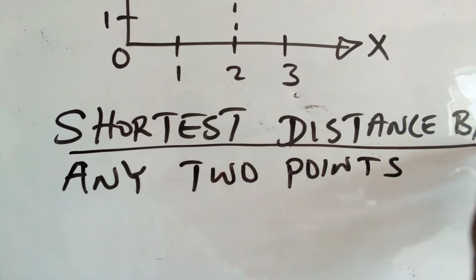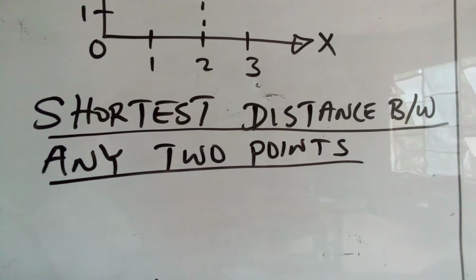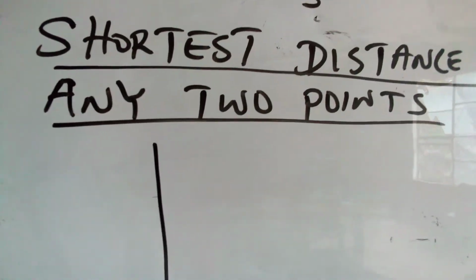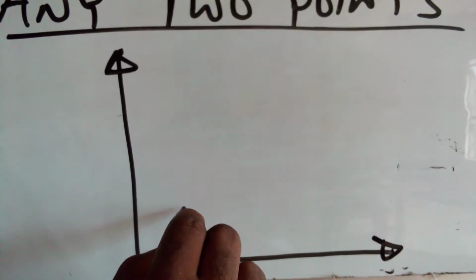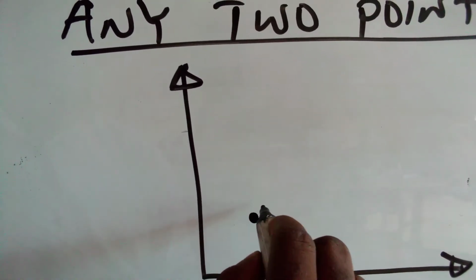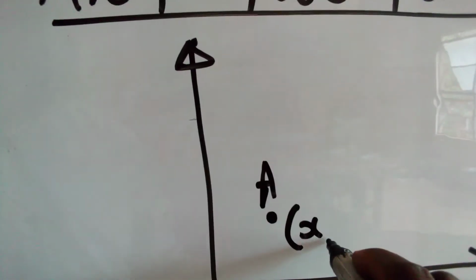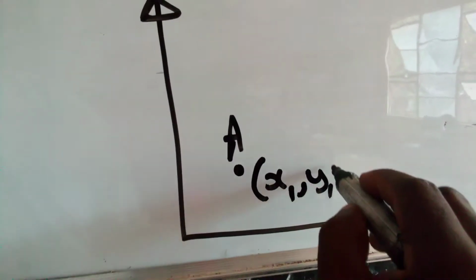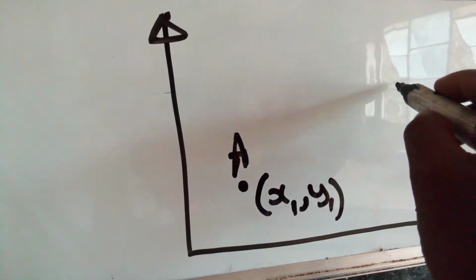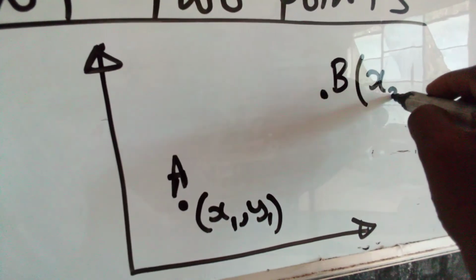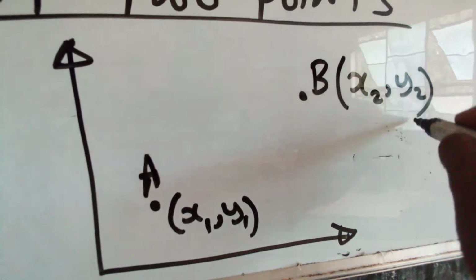So when you have the shortest distance between any 2 points, assume that you are given 2 points. Let's say point A, and this A we have its coordinate as S1, Y1. Then point B also has its coordinate as S2, Y2.